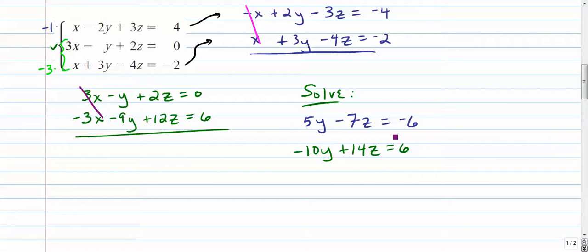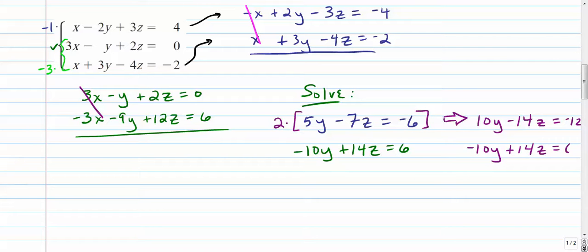Multiply the top one by positive 2. What that'll do is give me 10y minus 14z equals negative 12. And I'll simply bring the green one over and add.